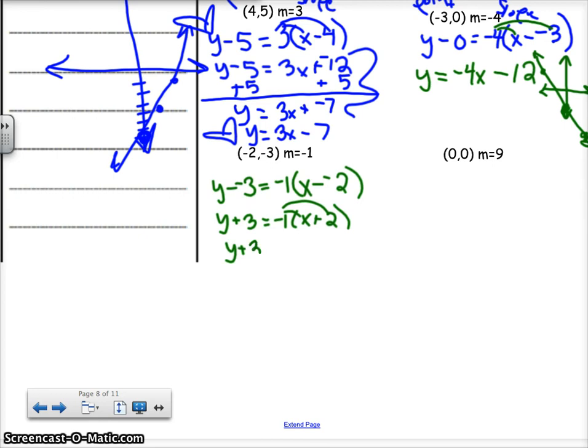Y plus 3 equals negative x plus a negative 2. Minus 3. Minus 3. Minusing is really plusing another negative, so I'm going more negative.